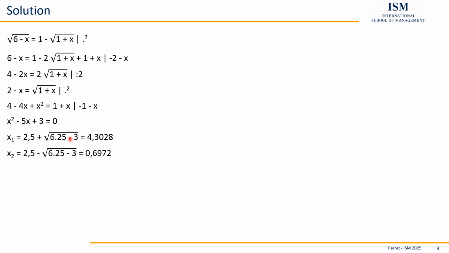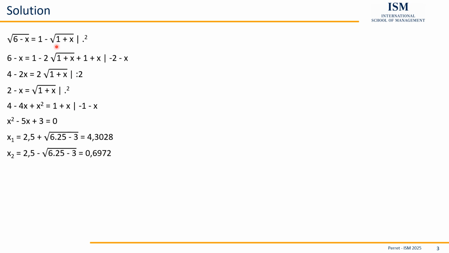Then I'm going to subtract q, so q is 3, so I go with minus 3. This gives me under the root 3.25, so I have 2.5 plus square root of 3.25 and 2.5 minus square root of 3.25, giving me in the end those two results, 4.3 roughly and roughly 0.7.